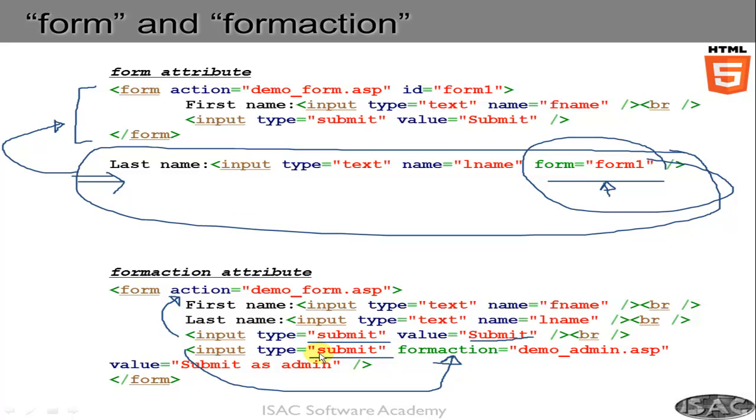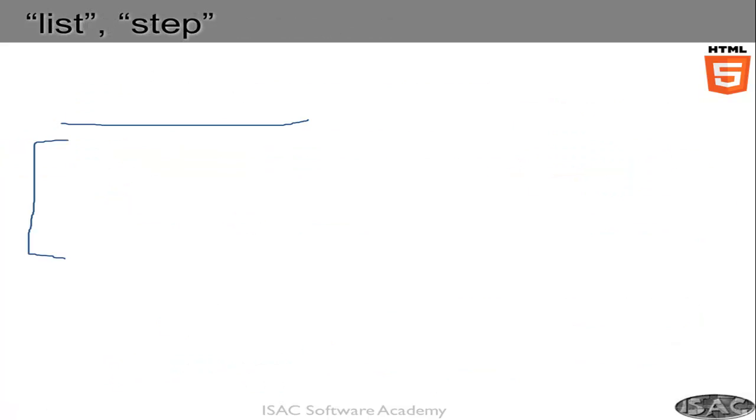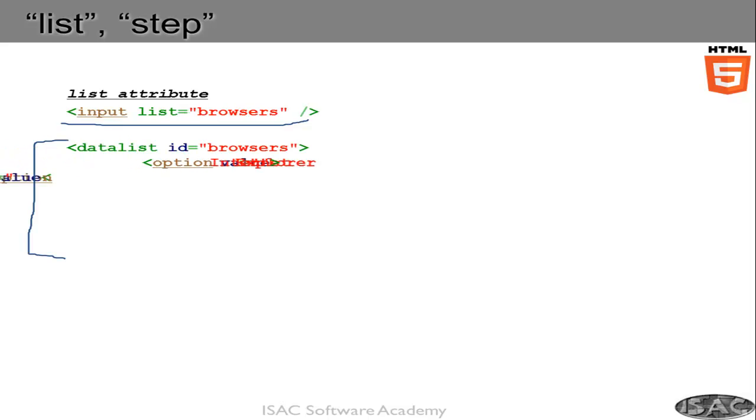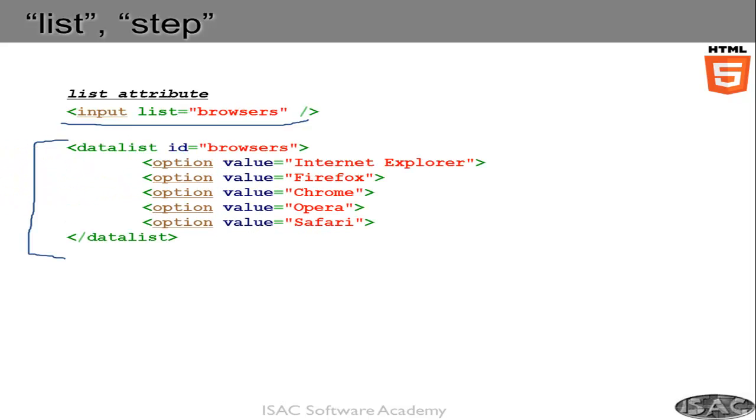Here, to submit button. Next, we saw how to create a list of set of data and reuse it in any form which I want. In a particular page, you can have 3 or 4 forms. In each of the forms, you don't have to declare all these 5 browsers.